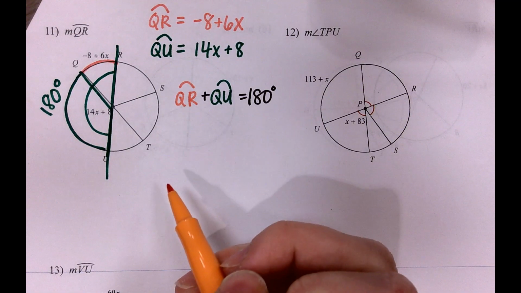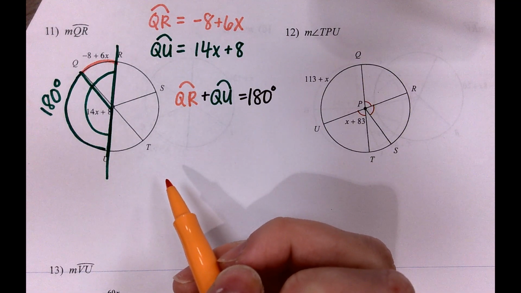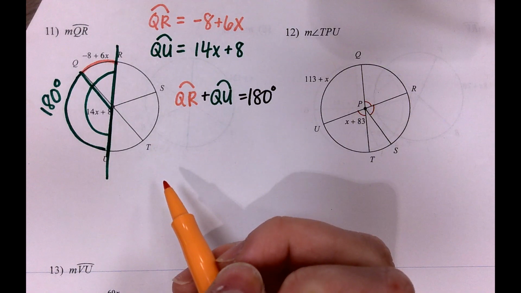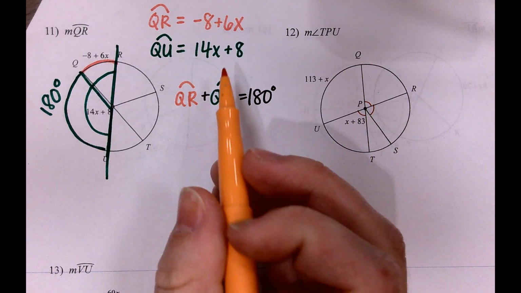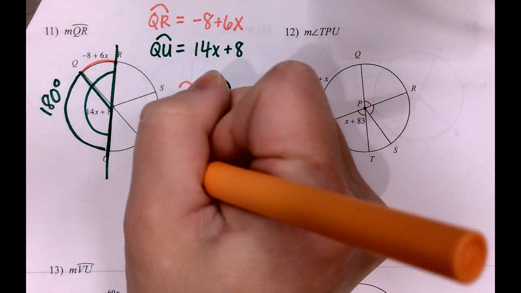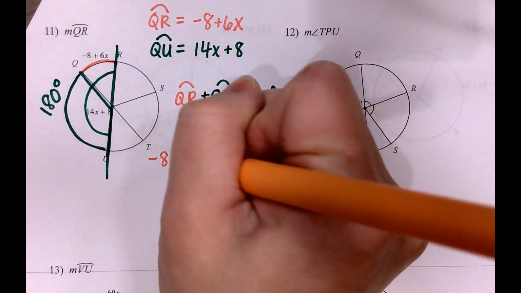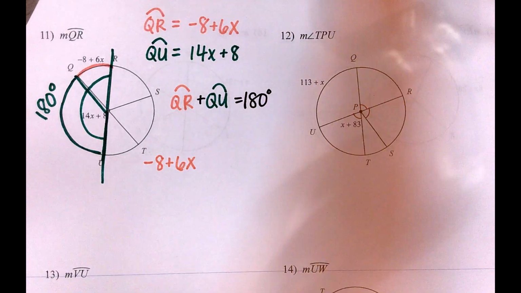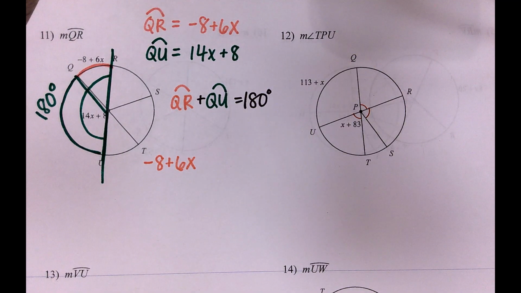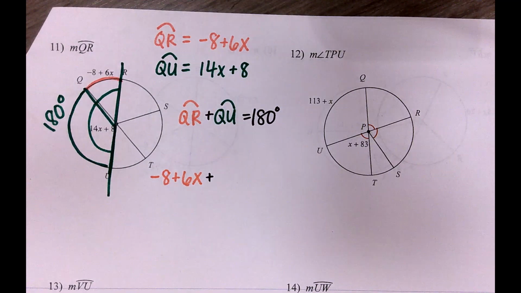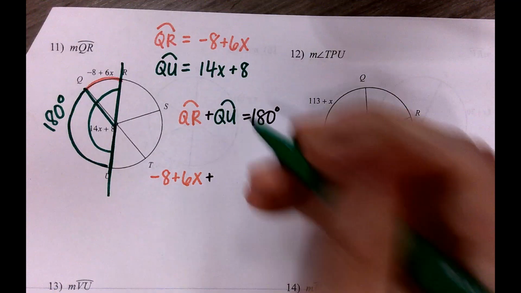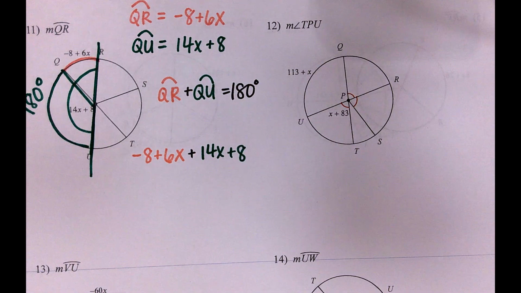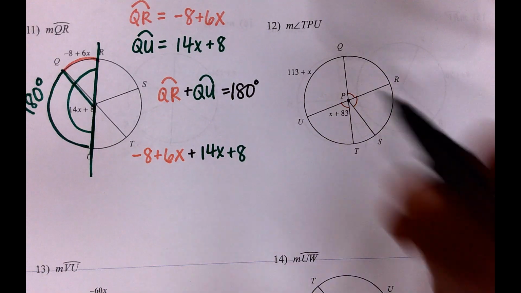What is QR? It's -8 plus 6x, plus 14x plus 8 equals 180. I'm just plugging in QR, which is -8 plus 6x, plus QU, which is 14x plus 8, and bringing down equals 180.